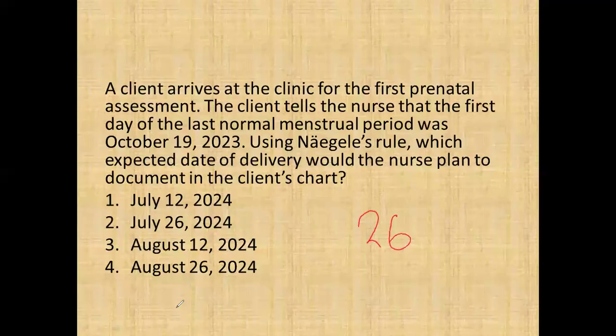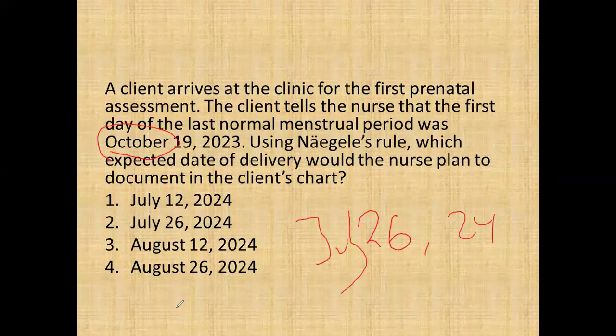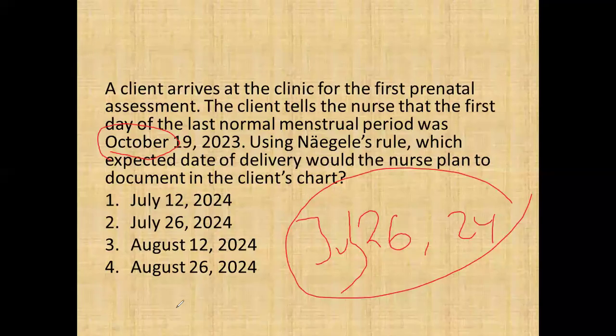And then if you subtract 3 months from October, if you count back, subtracting 3 months, you get July, and then you add 1 year to the year, and then you get 2024. So I gave 2 ways. Thank you all, you've all done well. And all those who answered in the comment section, you've all done well.